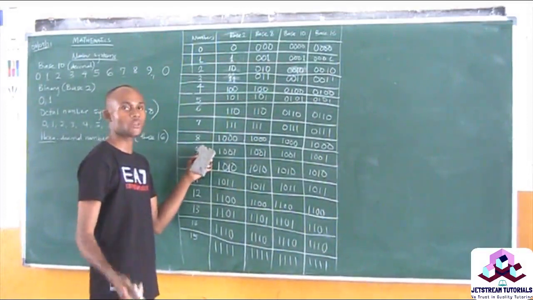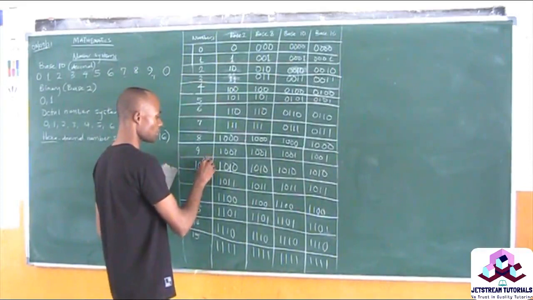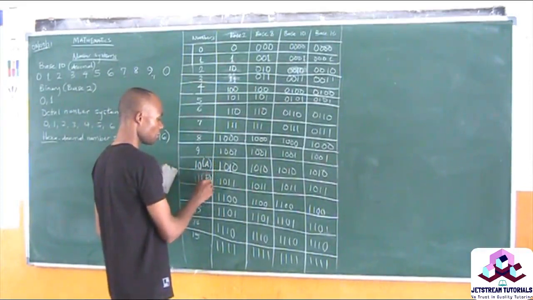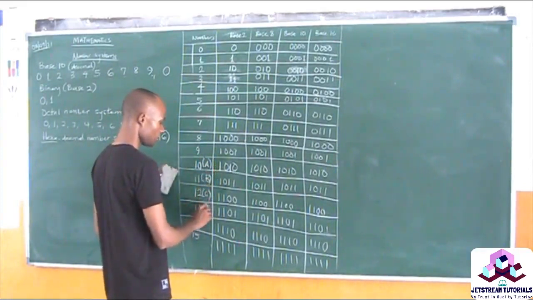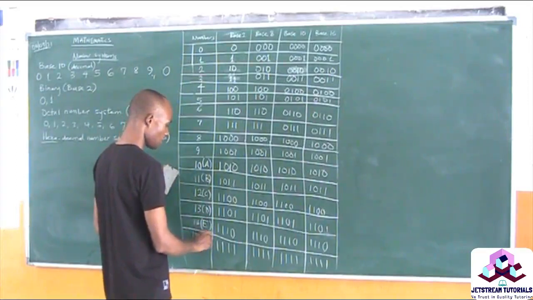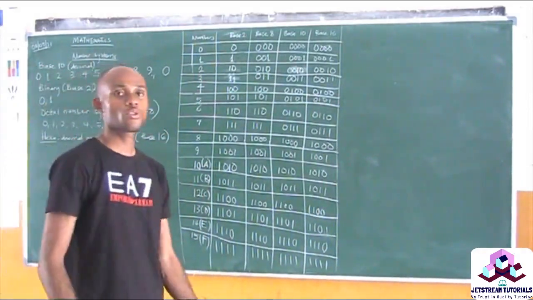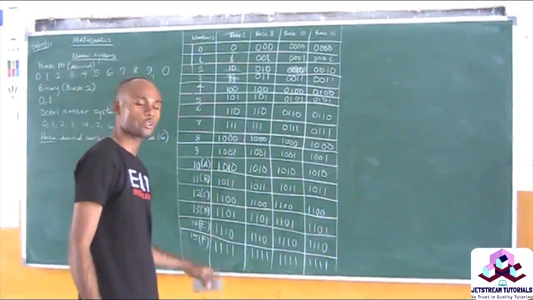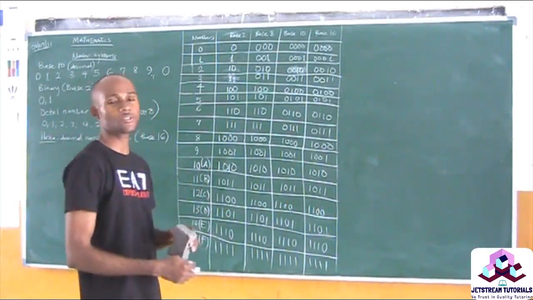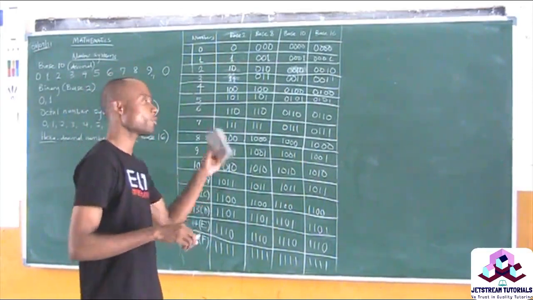It has completed a full bunch for decimal numbers. So in base 16, this is represented with the alphabets A, B, C, D, E, and then F. So don't be surprised when you see a number system given to you in alphabet form. Those alphabets stand for a particular value, a particular number in the number system.